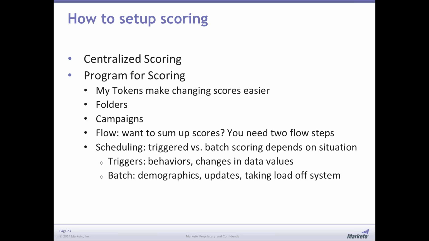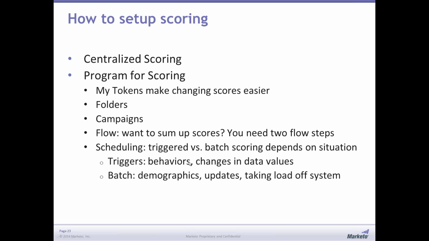There's almost never any reason to have a custom score like that. So always centralize that. Never let anyone else add scores anywhere else in the system. Trust me, you will regret doing that eventually when your whole lead flow is messed up.